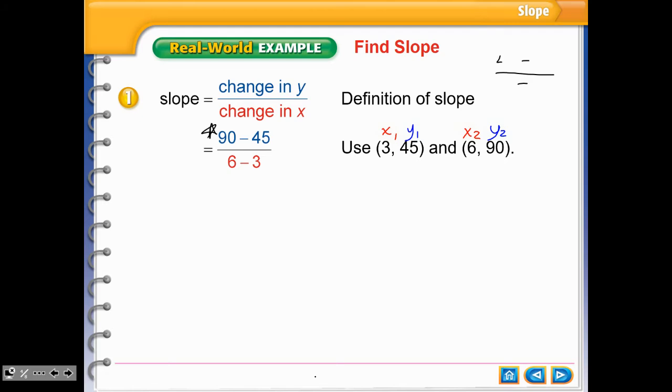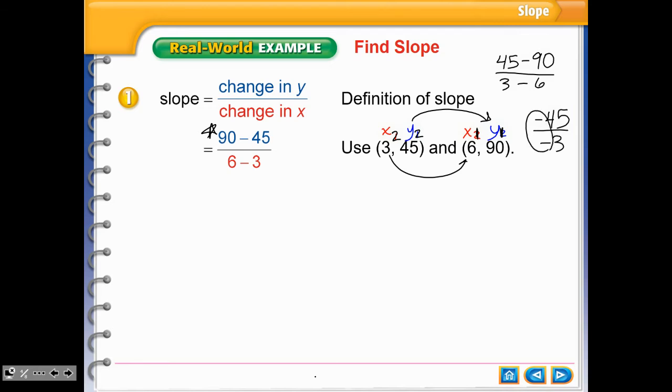What if we did it the other way? What if we called the other point the first point and the second point? We switched them. Well, if that were the case, check this out. So 45 take away 90, 3 take away 6, 45 take away 90 ends up negative 45, 3 take away 6 ends up negative 3, and look what we have.